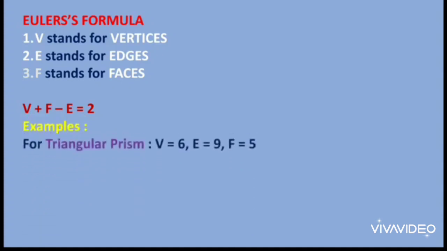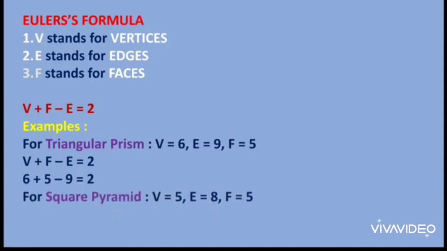Suppose a triangular prism has vertices V equal to 6, edges E equal to 9, faces F equal to 5. If you are told to find the Euler's formula, then you have to write the formula V plus F minus E equal to 2. V is 6, F is 5, so 6 plus 5 is 11. 11 minus 9 is 2.